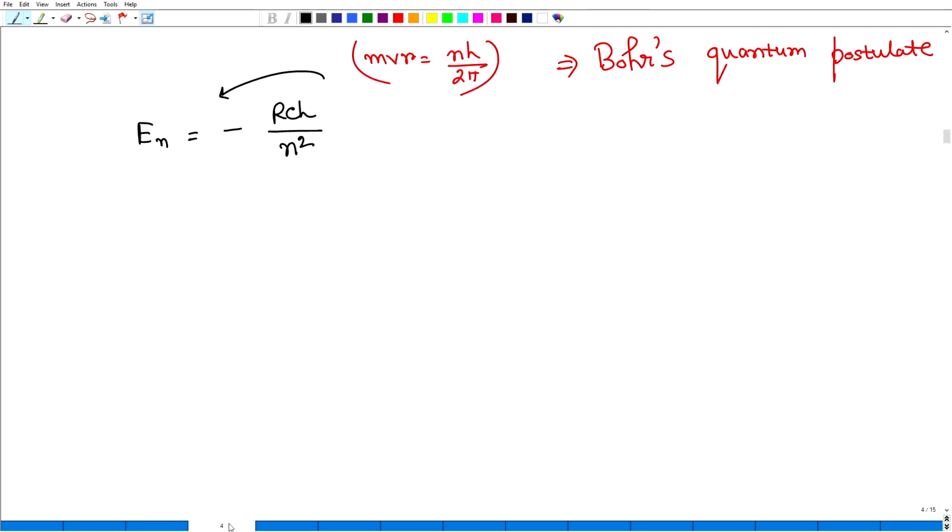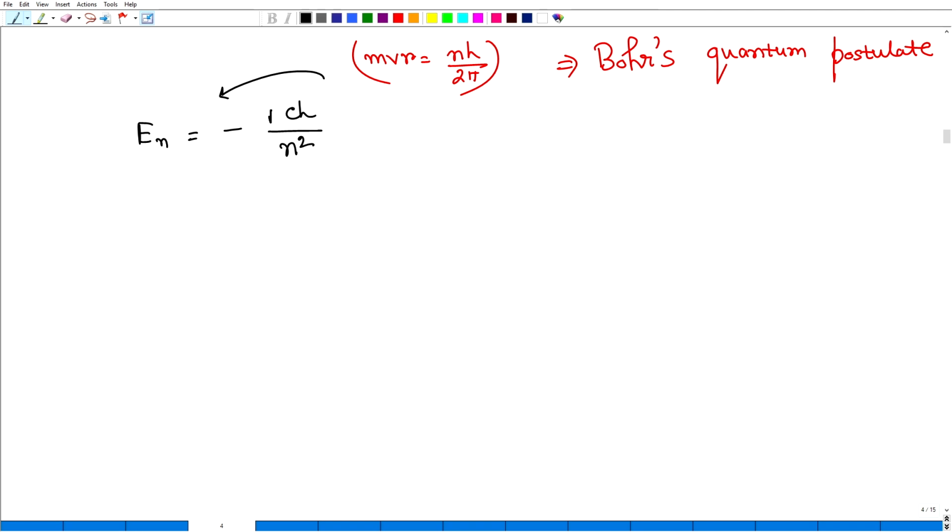To make a differentiation, we can write it in a different notation. Let's say it's xi ch by n squared.